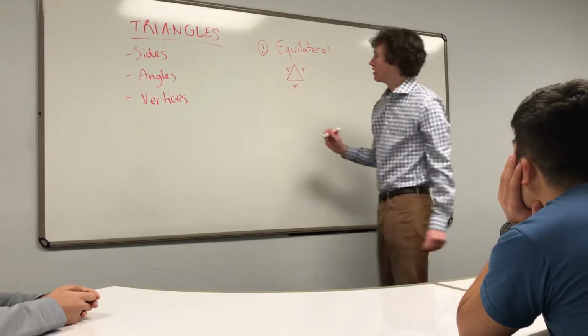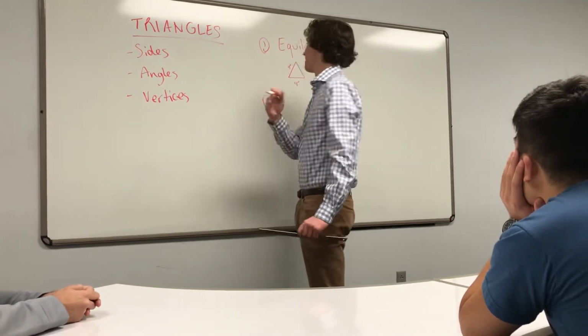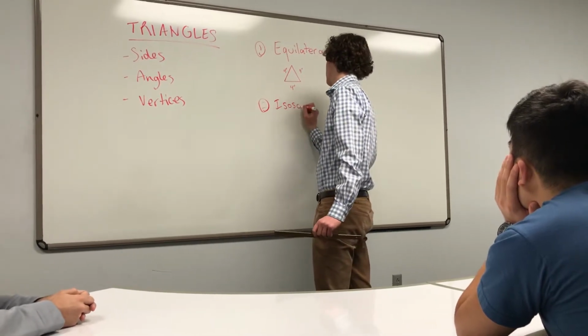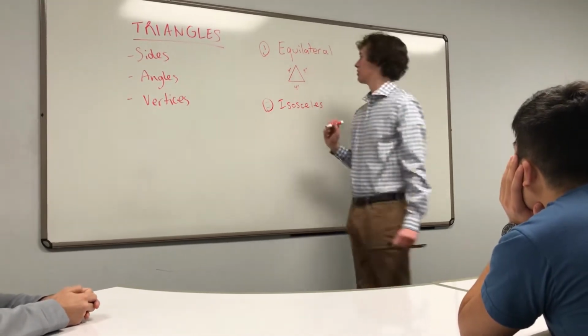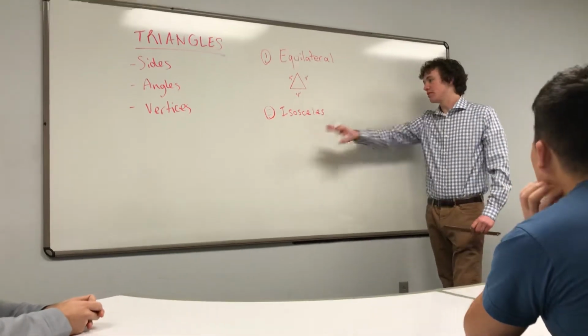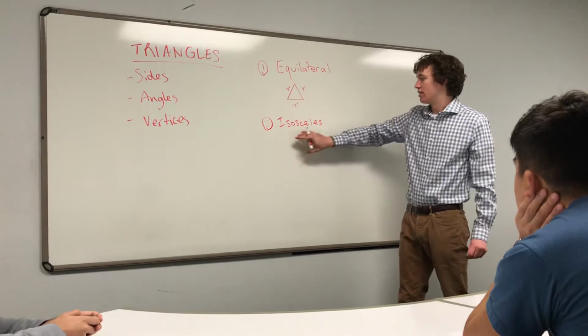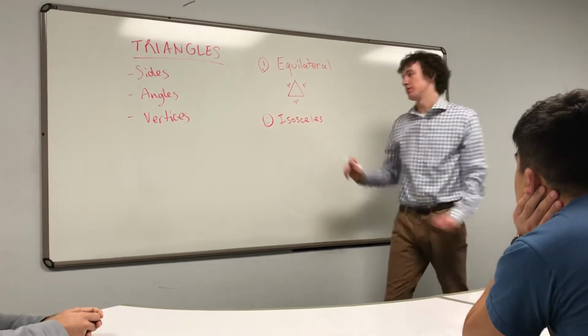The second type of triangle we're going to study today is the isosceles triangle. The isosceles triangle is different from the equilateral triangle. The equilateral, while all 3 are the same length, isosceles triangle, 2 of the 3 will be the same length.